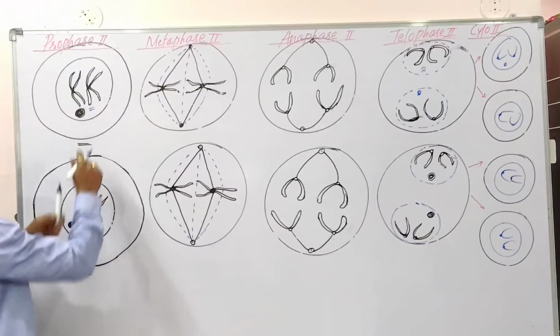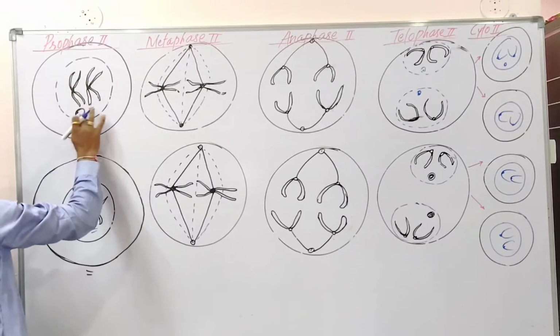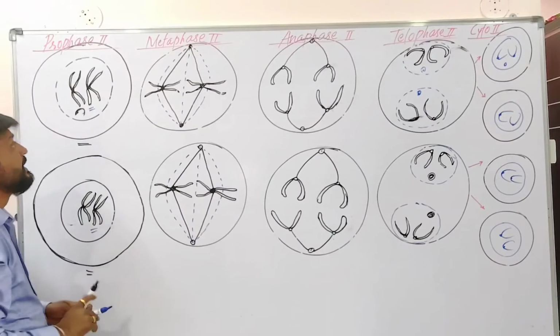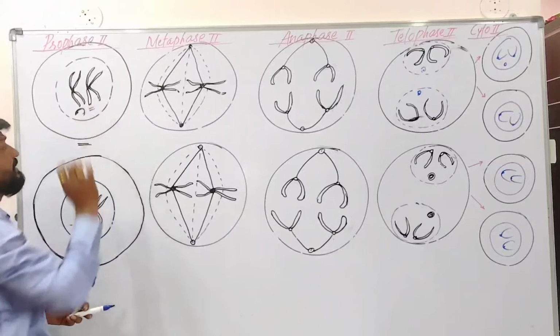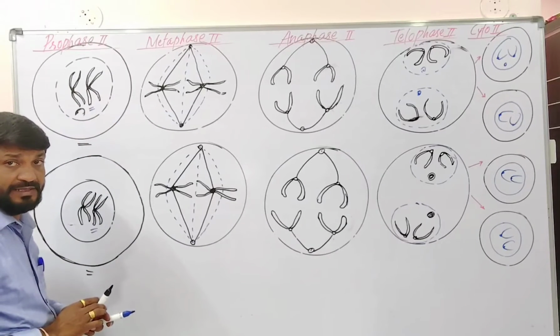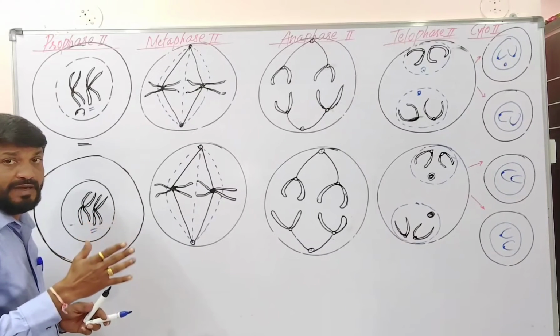The nuclear membrane and nucleolus start disappearing, and at the end there is the start of formation of spindle fiber, similar to prophase of mitosis.